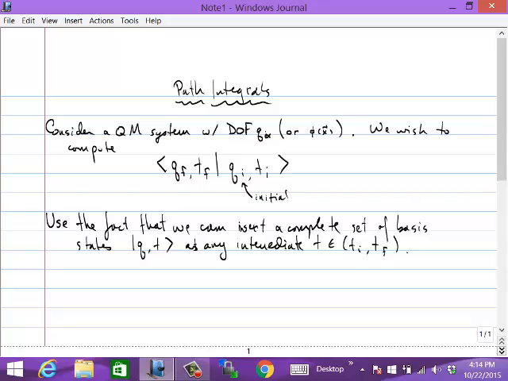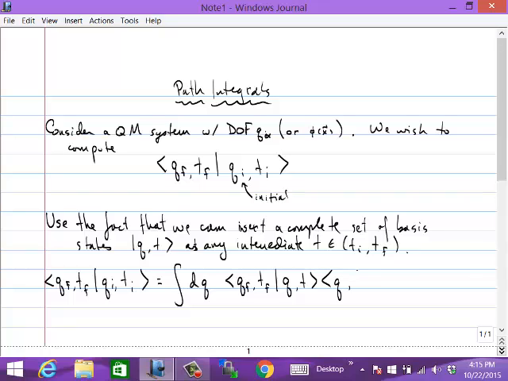So what would happen if you did that? Well, the transition amplitude for the particle to move from a location q initial at t initial to q final at t final will be an integral over this intermediate time of the amplitude for the particle first to go from q initial to q at time t, followed by the amplitude for the particle to go from position q at time t to its final position, q final, at time t final.